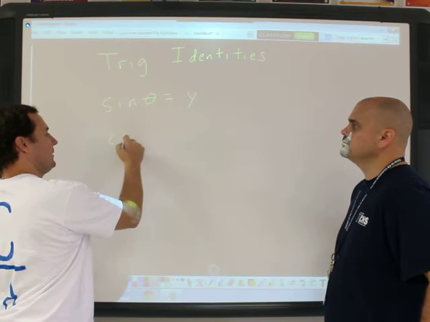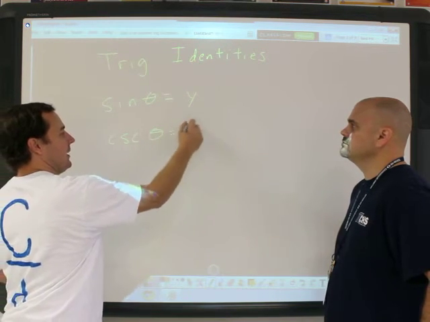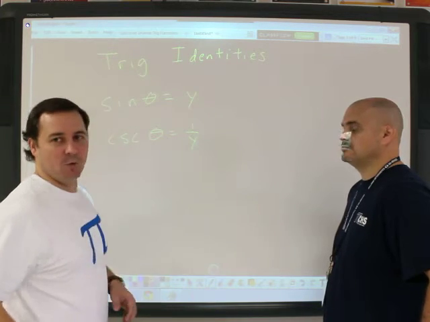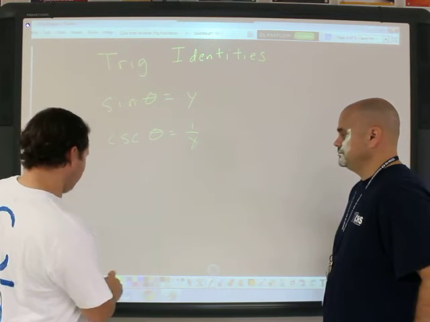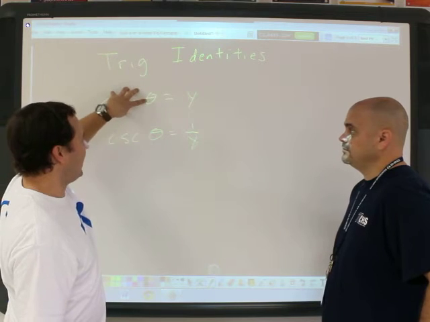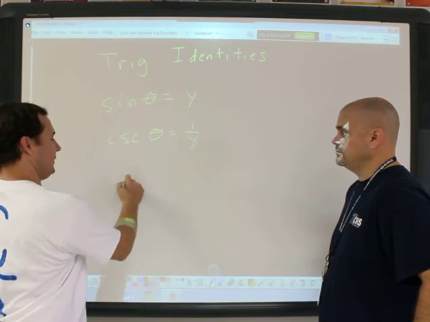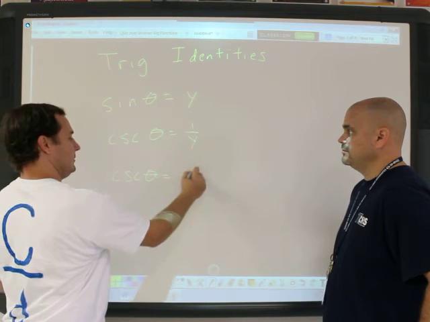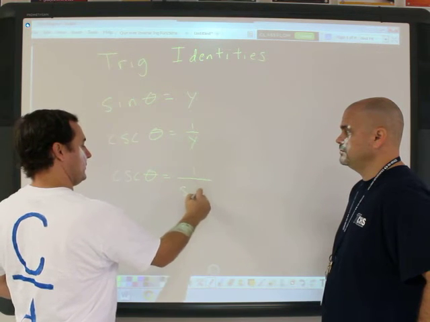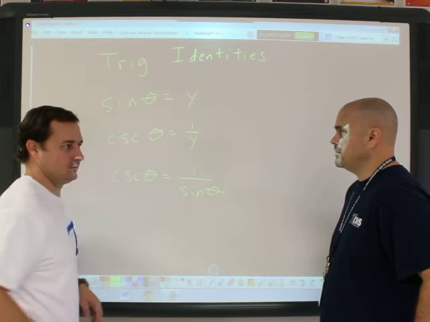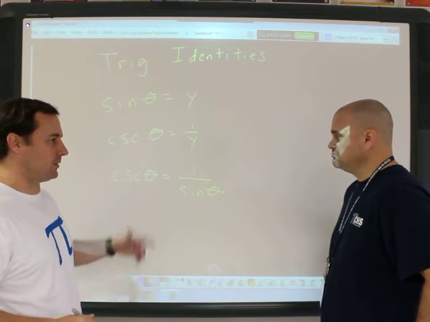And we also know that the cosecant of that angle is its reciprocal, 1 over y. Now, if I simply substitute sine into y, I get an identity: the cosecant of the angle is equal to the reciprocal of sine. Cosecant is equal to 1 over sine.